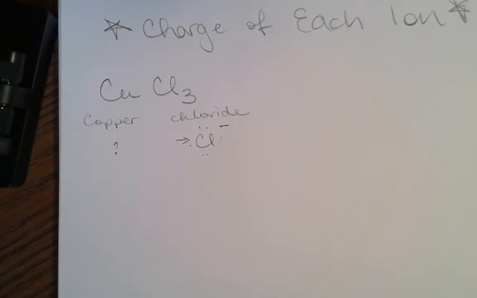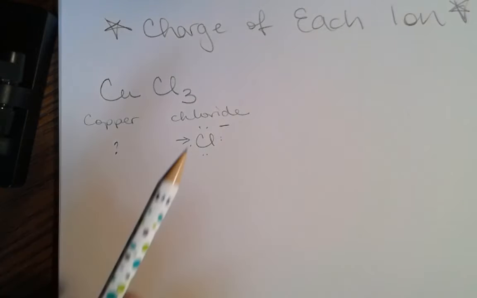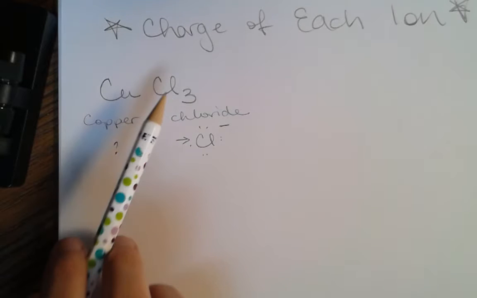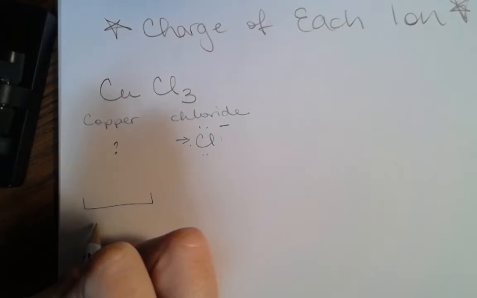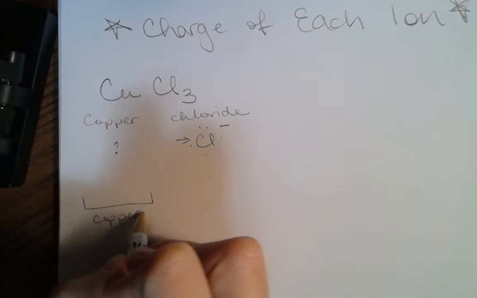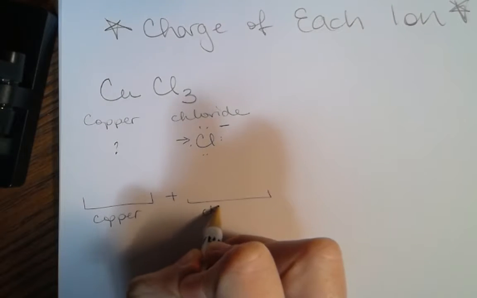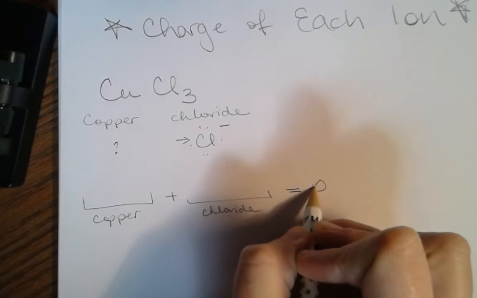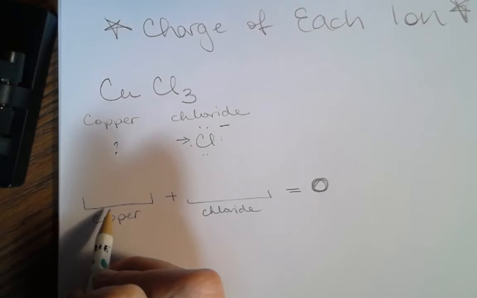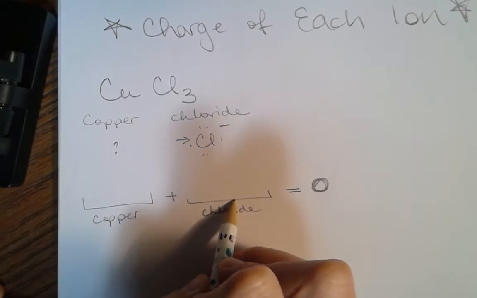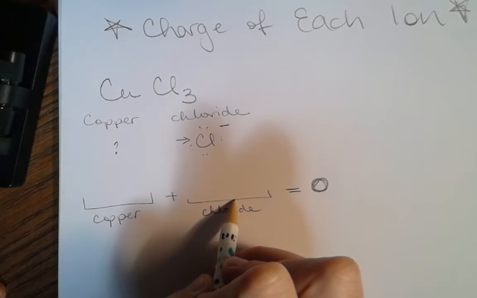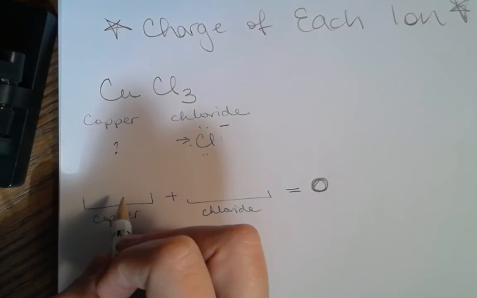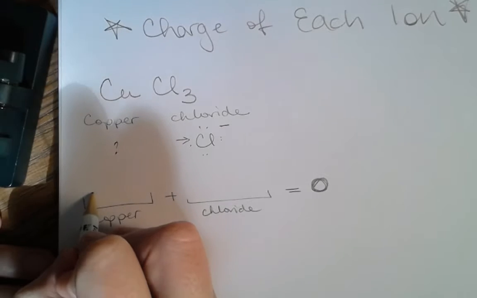And we know from here that we have 3 chloride ions. So our equation is going to say, here's our copper stuff, here's our chloride stuff. We want a neutral compound, so we want our amount of positive stuff from our metal to equal our negative charge from our non-metal. However, we don't know the charge of our copper yet. We know that we have 1 copper ion because there's no subscript.